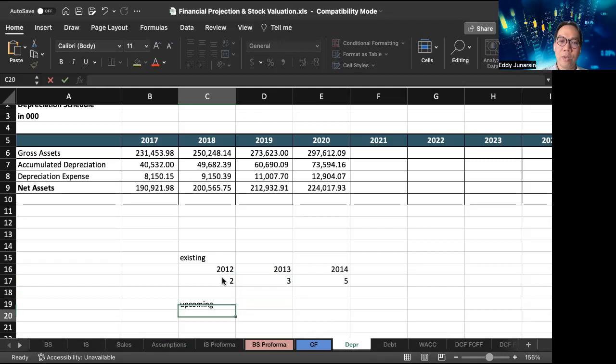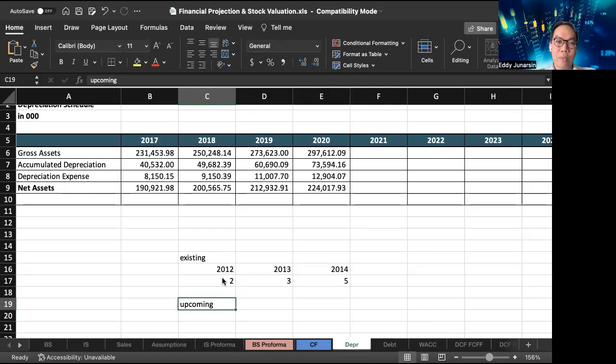For example, if you know that in 2025 you will procure a new vehicle, new equipment, new machinery, and so on, and it will be depreciated from 2026 for the next 10 years, for example.